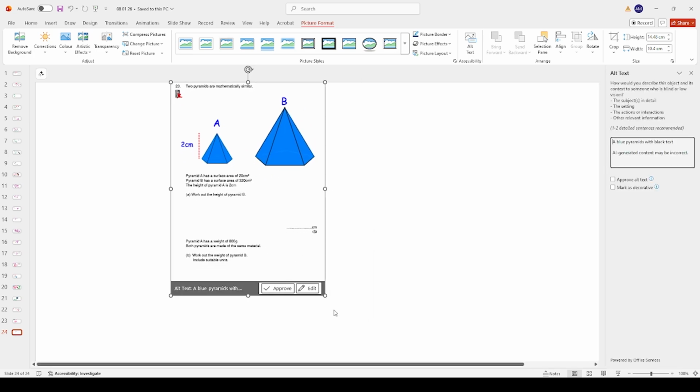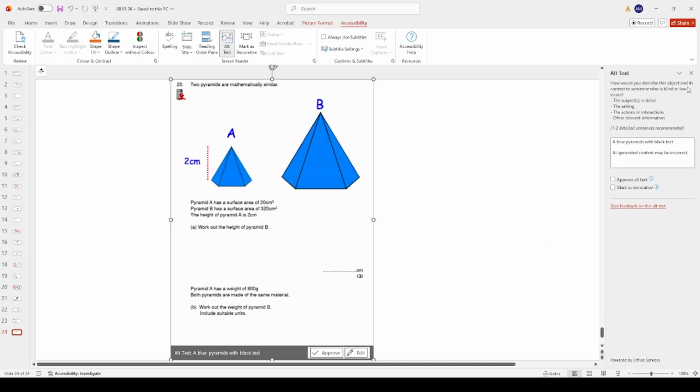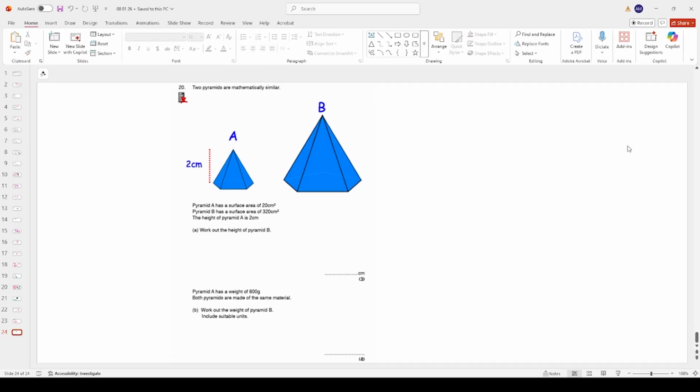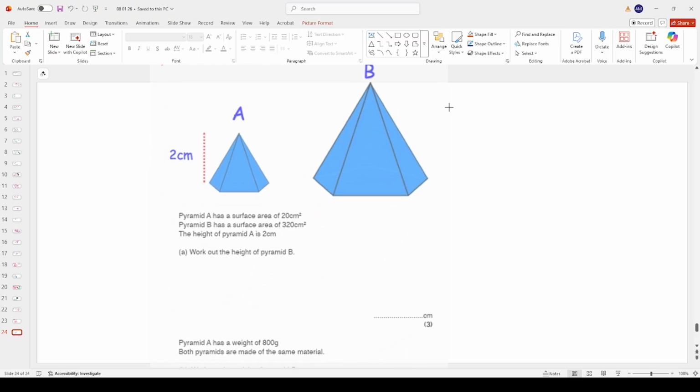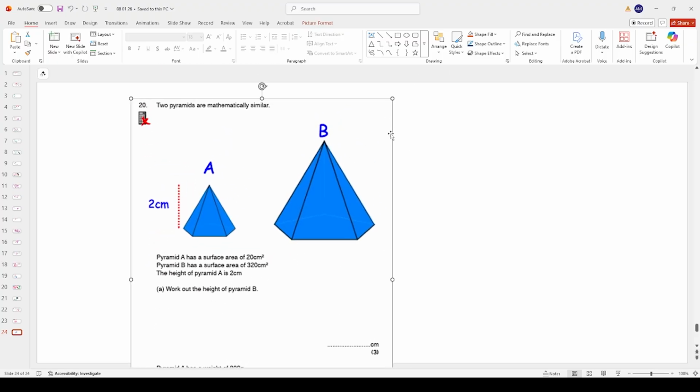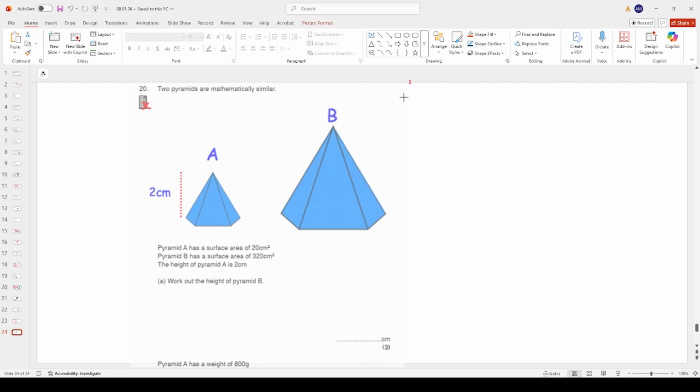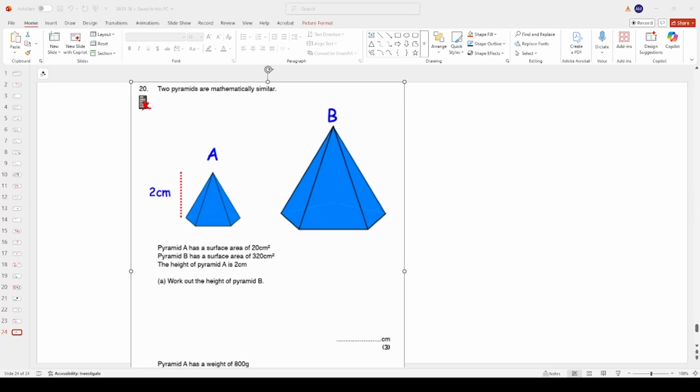So two pyramids are mathematically similar. It says pyramid A has a surface area of 20 centimeters squared. Pyramid B has a surface area of 320 centimeters squared. Work out the height of pyramid B.